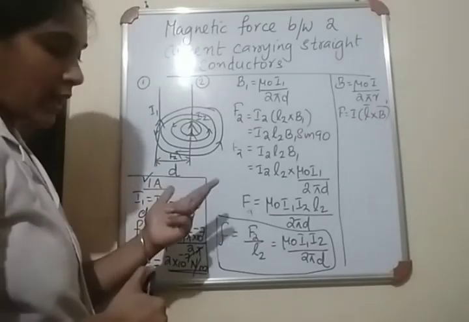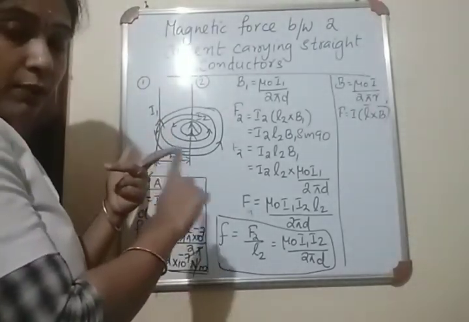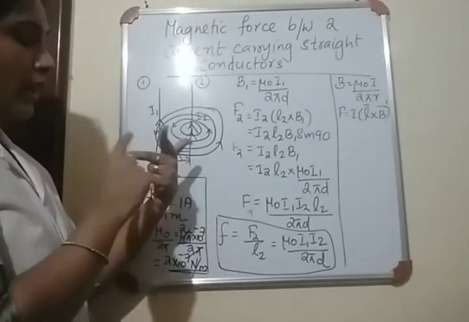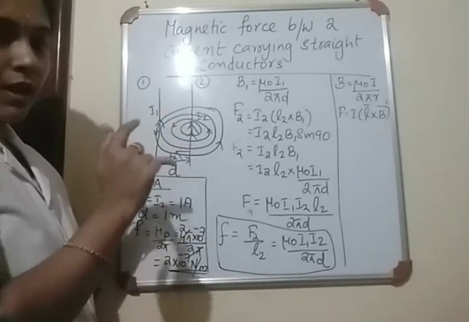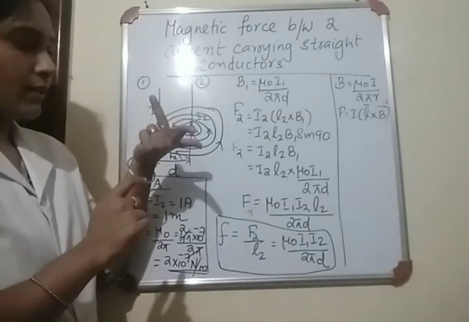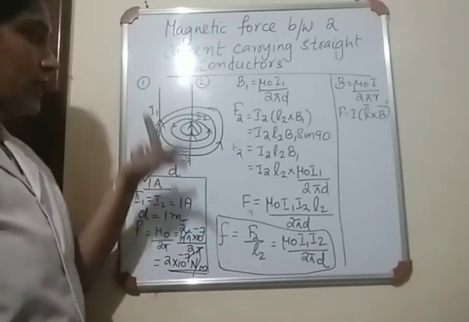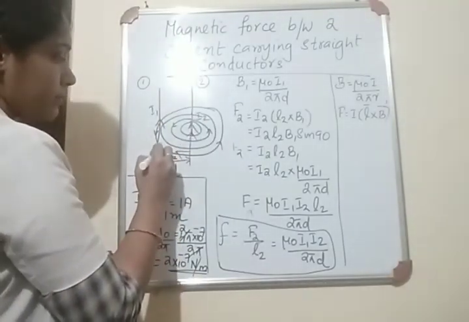And apply the left hand rule. Point your forefinger in the direction of field. So it should be like this. And your middle finger should be along the direction of current. Current is flowing upwards, so it must be like this. Okay, then where is your thumb? Thumb is towards right. So that means the force experienced by the first conductor is towards right.